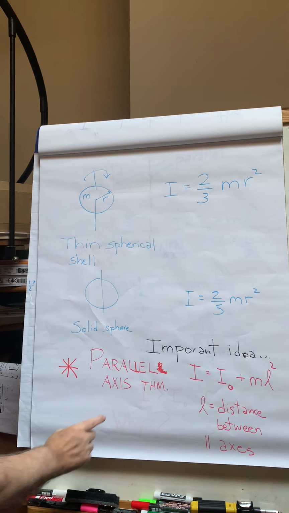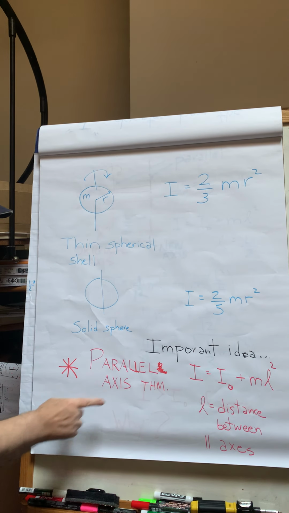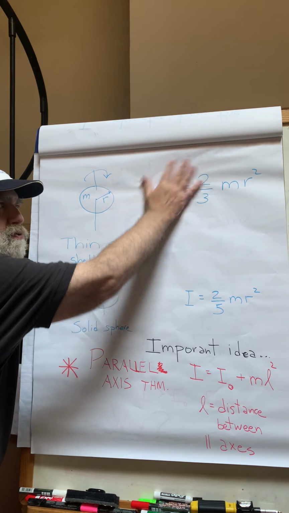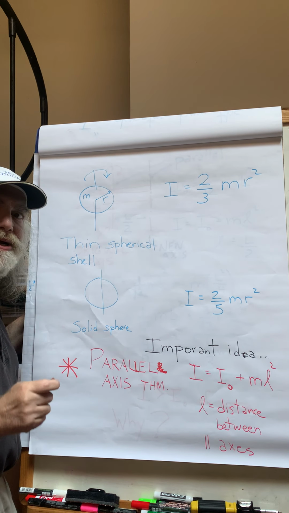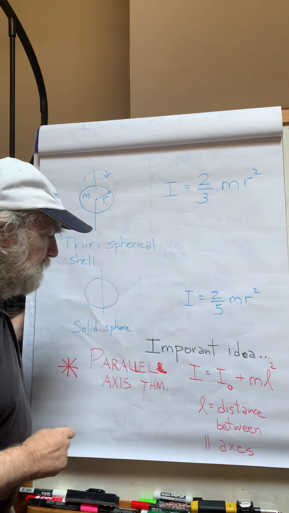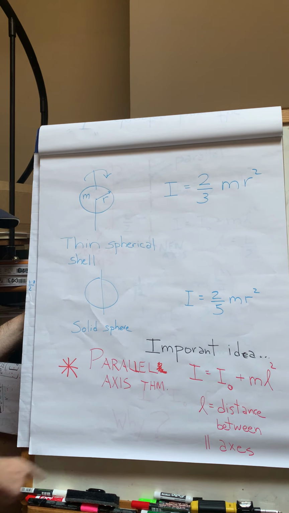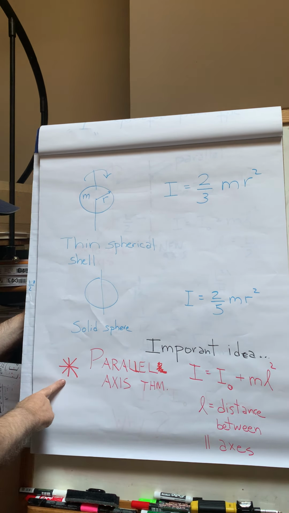The parallel axis theorem is one of the most important ideas there is. Just like we don't have to derive these, you're not responsible for deriving this, but knowing it can really save your cookies on the SSAT. So the length is the distance between the parallel axes.